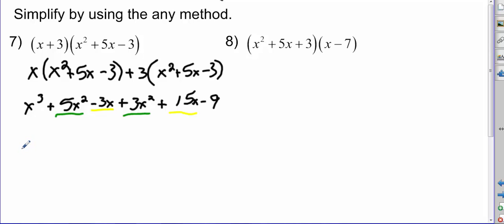I also took the liberty of underlining some of our like terms to make our job a little bit easier here. Oh, and I need to switch back to our base color. So we're going to end up with x to the third. We're also going to get an 8x squared. And then we're going to have to combine the negative 3x and the 15x. That's going to give us 12x and a negative 9.